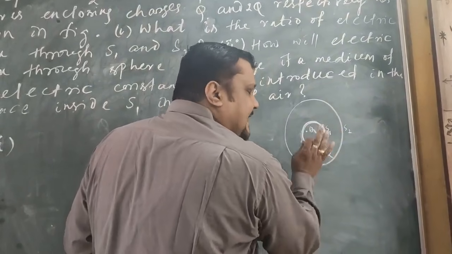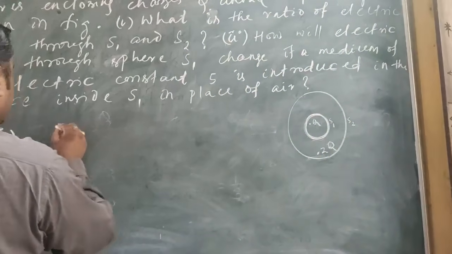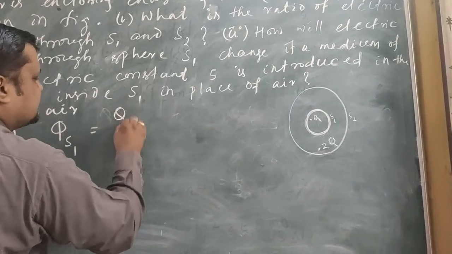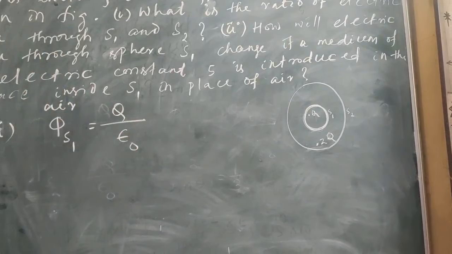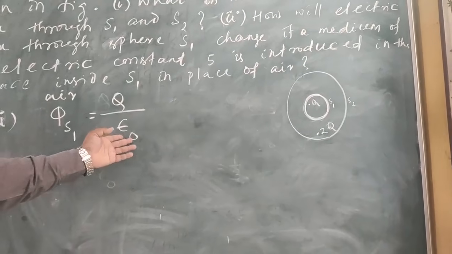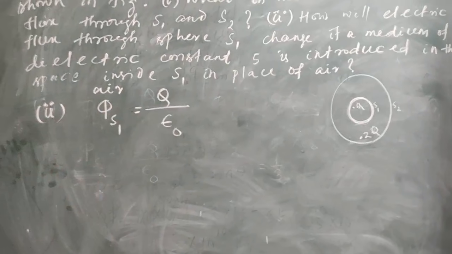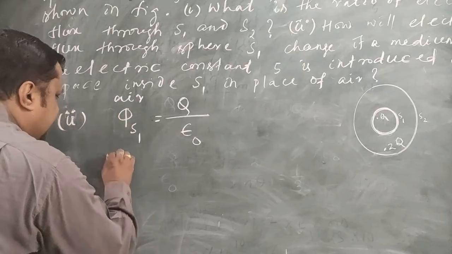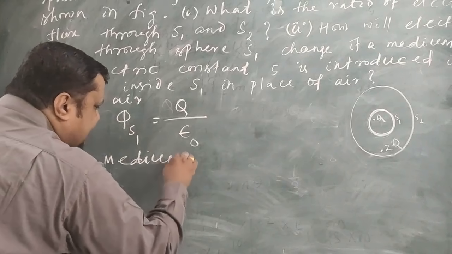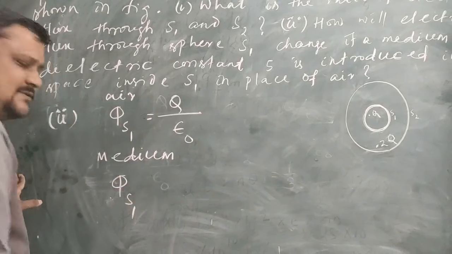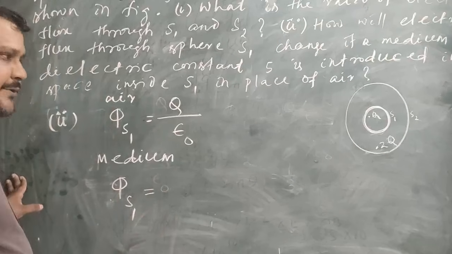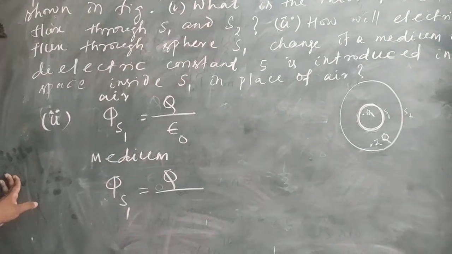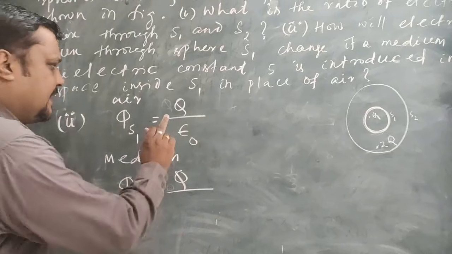In this region, initially air medium is there. Then phi S1 for air medium, according to Gauss law, is Q by epsilon naught, where epsilon naught is the permittivity of free space. If a medium of dielectric constant K is introduced, then for any medium the same Gauss law applies, with the permittivity of that medium, epsilon.